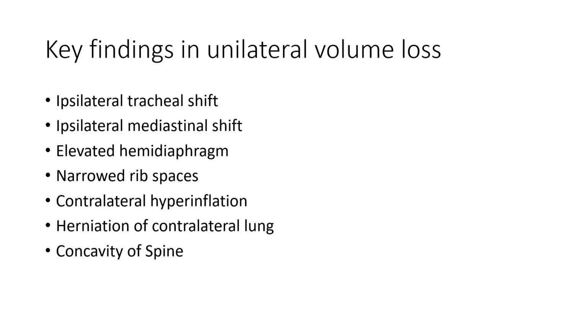The key findings in unilateral volume loss include ipsilateral tracheal shift, ipsilateral mediastinal shift, elevated hemidiaphragm, narrowed rib spaces, contralateral hyperinflation, herniation of the contralateral lung, and concavity of the spine. We will see each of these findings in X-rays.